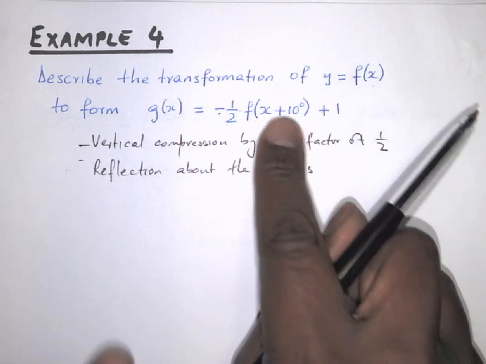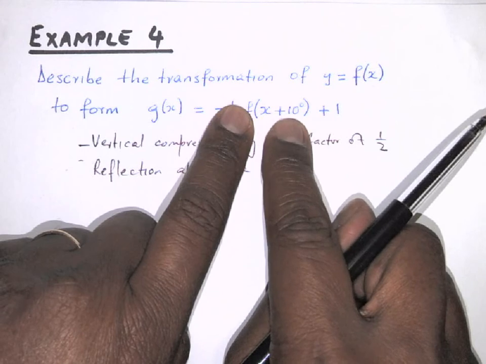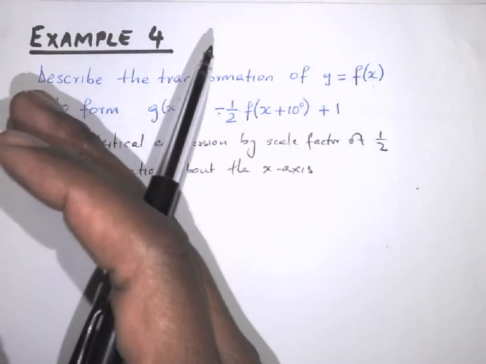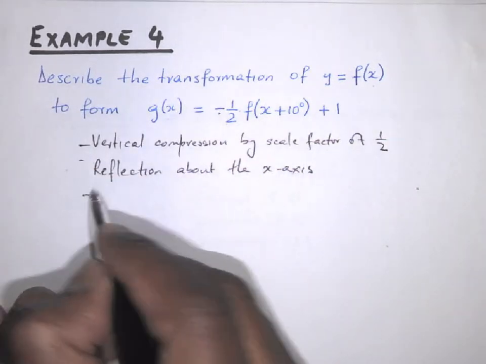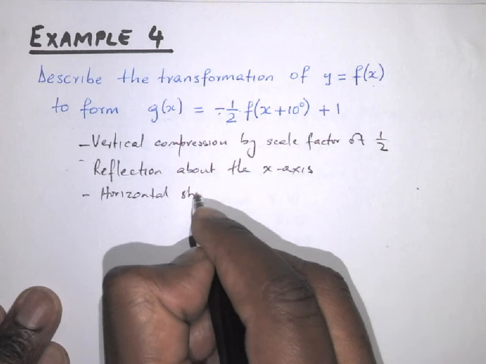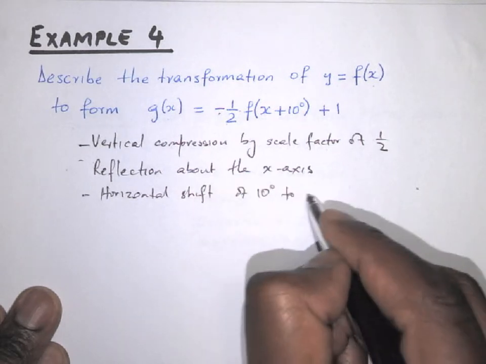The next thing, there is plus 10. You solve for x. When you solve for x, you get x plus 10 equals 0, and then x is minus 10, meaning that the graph shifted 10 degrees to the left. So a horizontal shift of 10 degrees to the left.